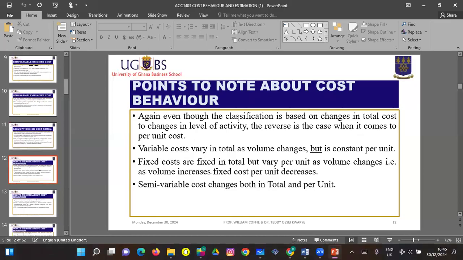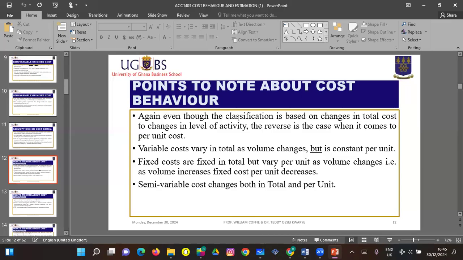Point to note about cost behavior. Even though the classification is based on changes in total cost relative to changes in activity level, the reverse is the case when it comes to per unit. Variable costs vary in total as volume changes, but are constant per unit, right? You will see a table just after this one.